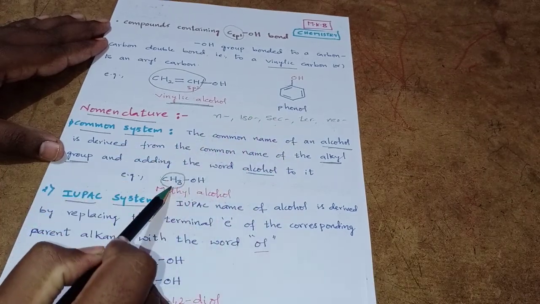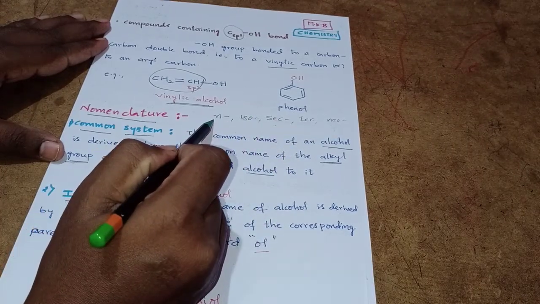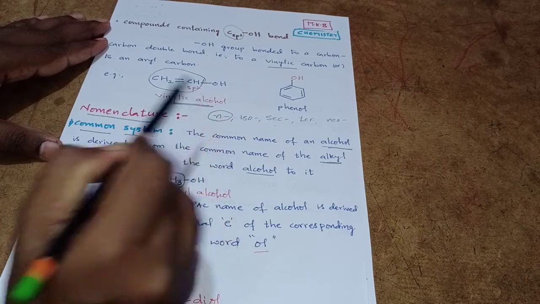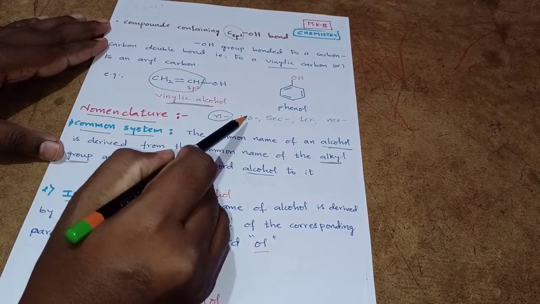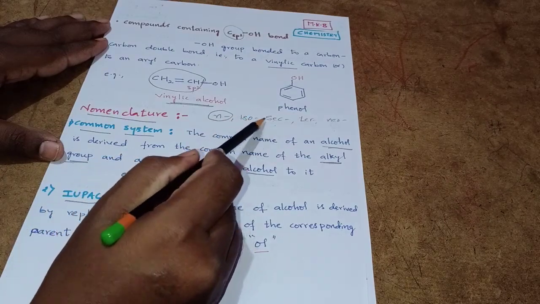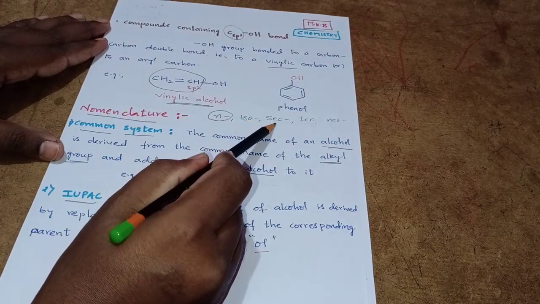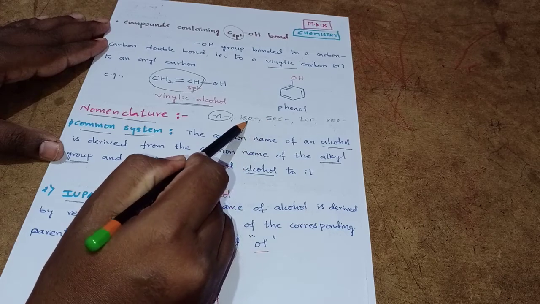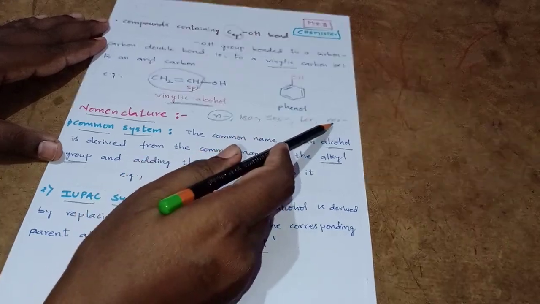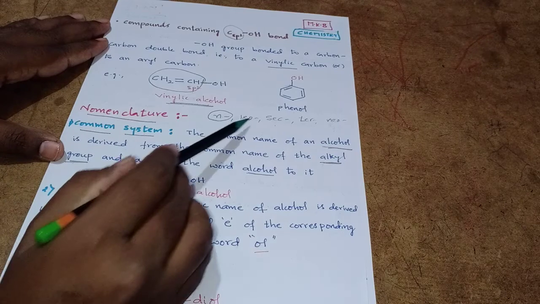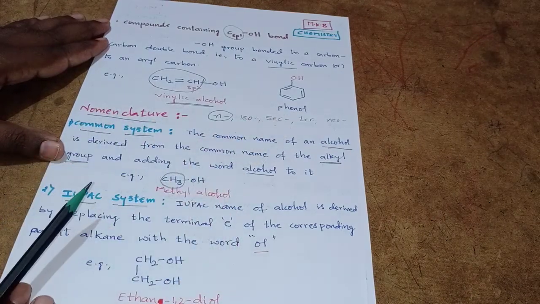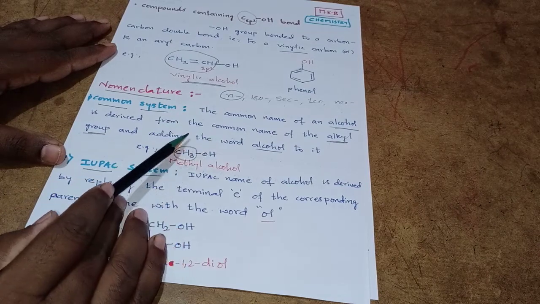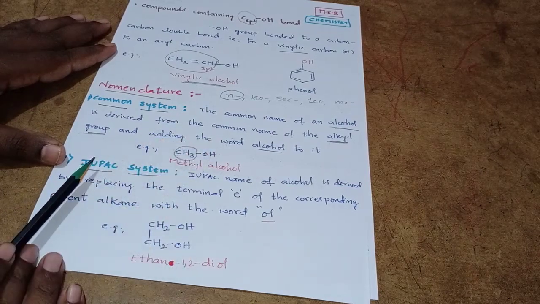If the carbon chain in the alkyl group is in straight chain manner, then we use the word N. Based on the structure of the alkyl group, we distinguish compounds by using iso, secondary, tertiary and neo. We can discuss that while solving the examples. So this is how the common names are given to the alcohols.